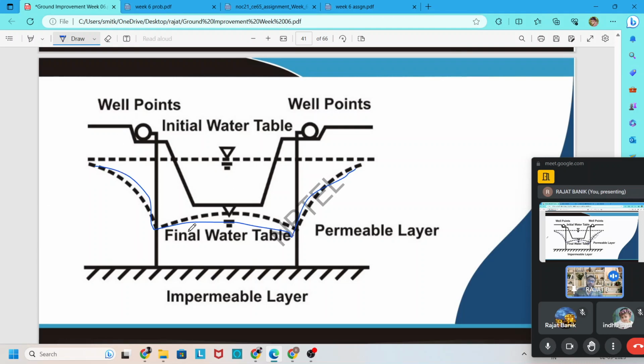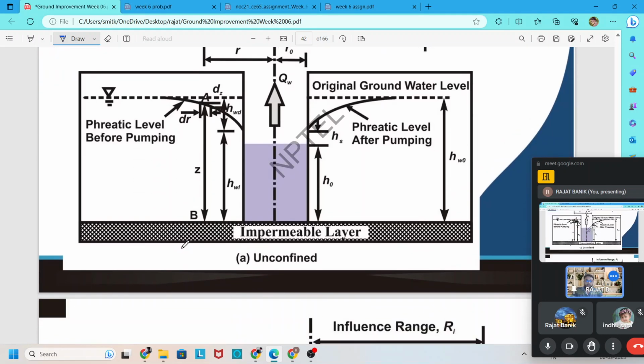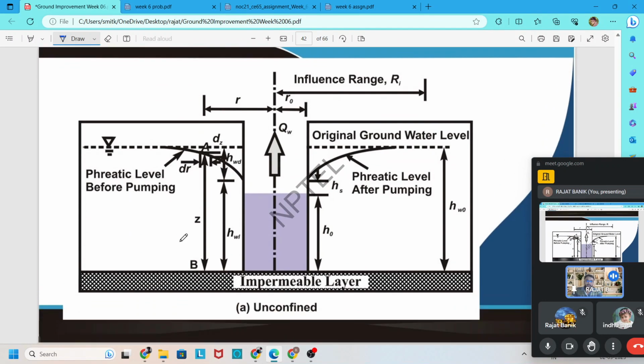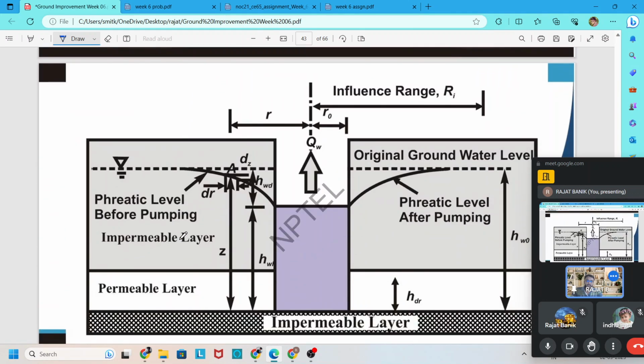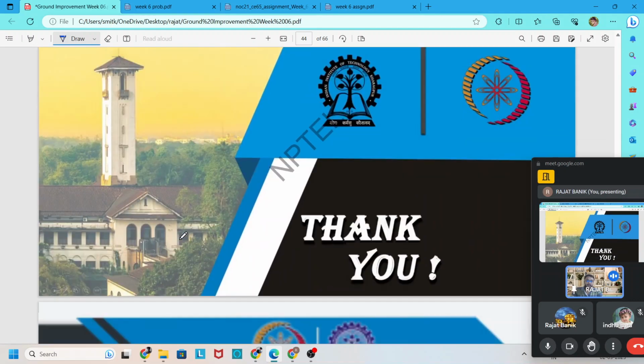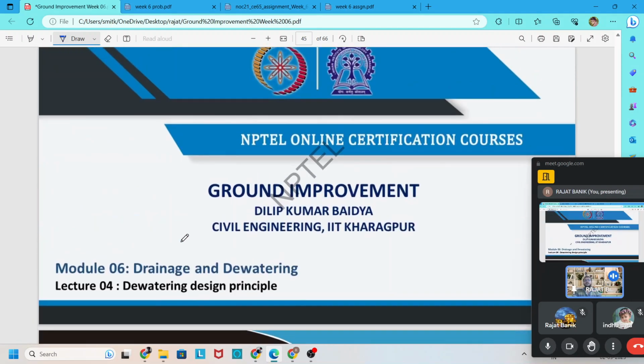By these two arrangements we apply the well points in the real field. Sorry, these two are discussed in the next slide. Please wait.